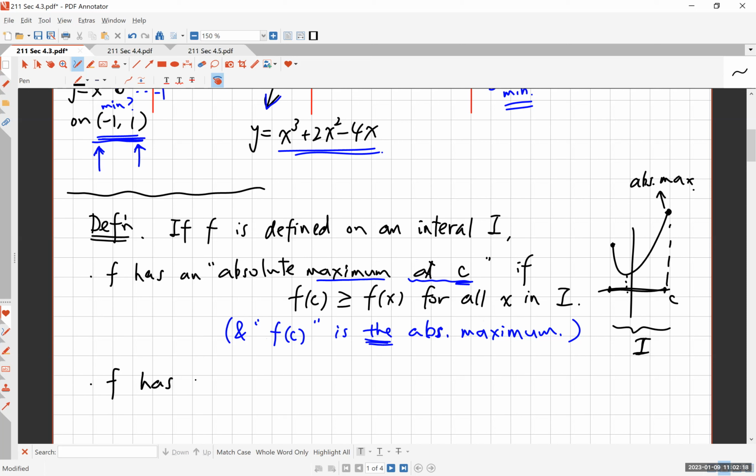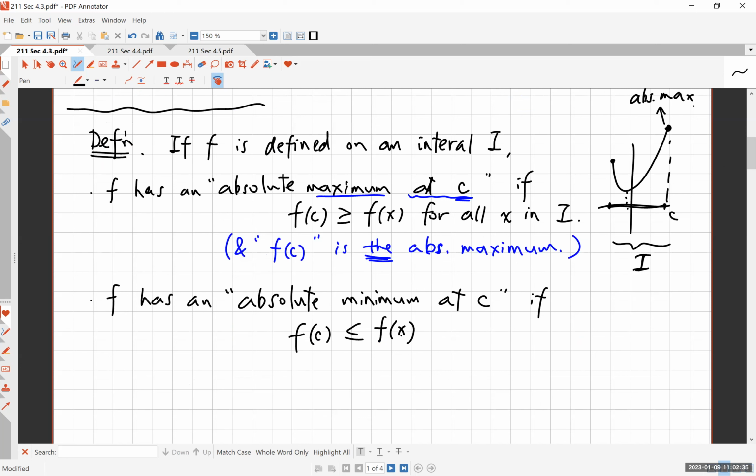f has an absolute minimum at c if f of c is less than or equal to f of x for all x in I, very similar to the above definition.